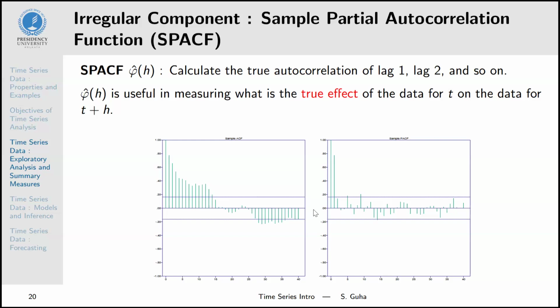Zero correlation means this time and the value occurring after 14 days have no correlation. But of course, the second day may have correlation. So today and the 14th day don't have any correlation, but tomorrow and the 14th day may have correlation, or the 5th day and the 14th day may have correlation. That I am not negating.